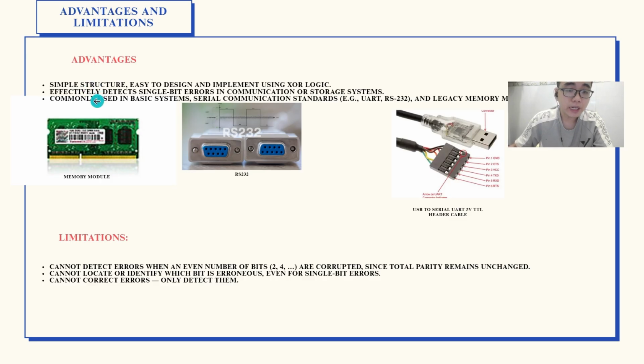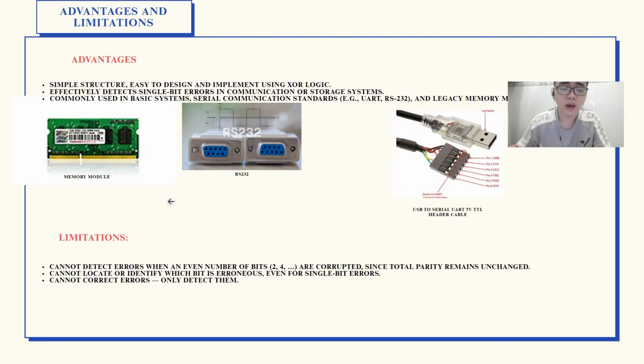Parity checking is commonly integrated into fundamental communication protocols such as UART. This is an example about UART, RS-232, and in older memory modules, where simplicity and speed are prioritized.